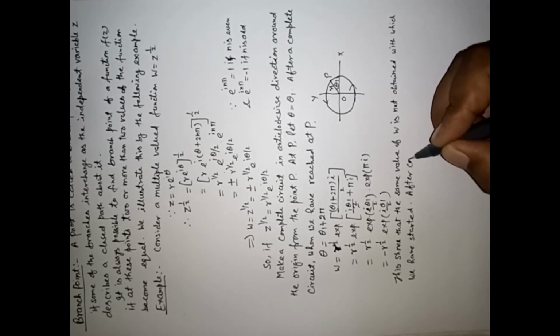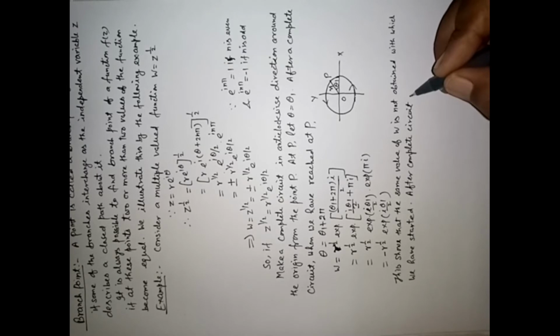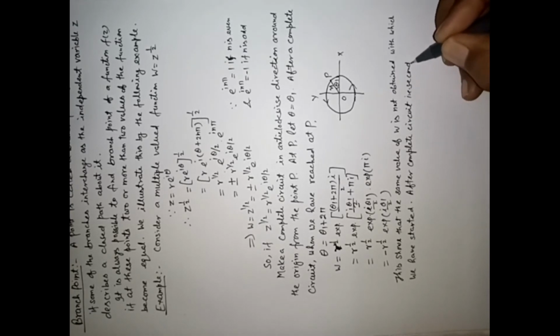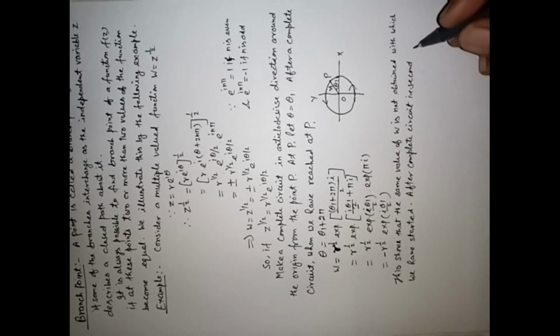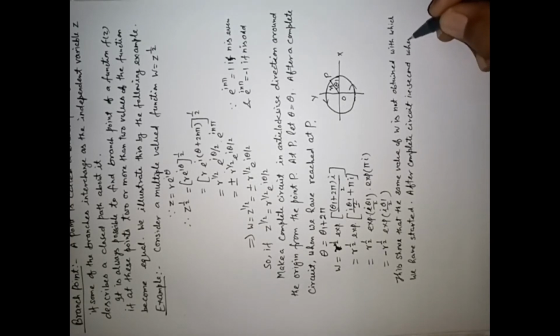After the second complete circuit, when we have reached P, theta becomes theta 1 plus 4 pi.